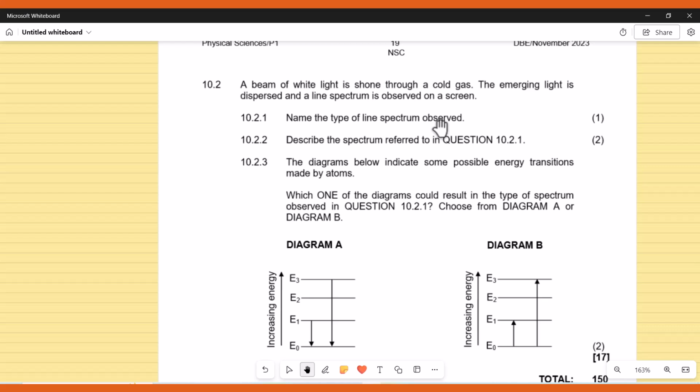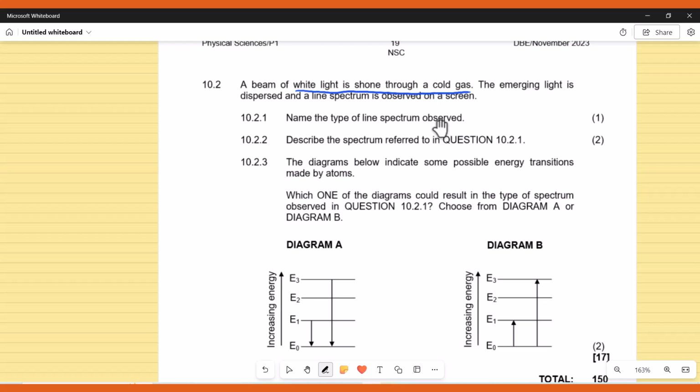Now, when the white light is shown through the cold gas, are we together? This cold gas is going to absorb some of the light, and so the type of line spectrum is going to be called what?